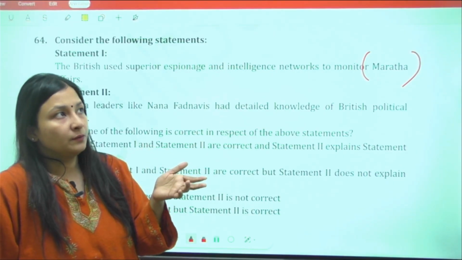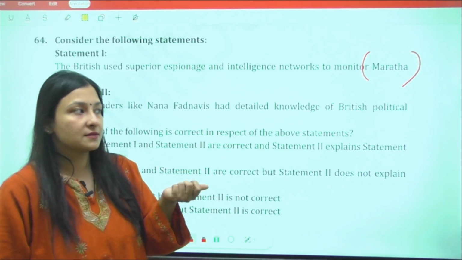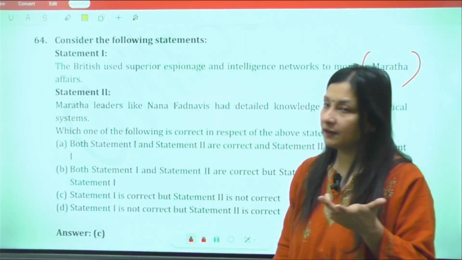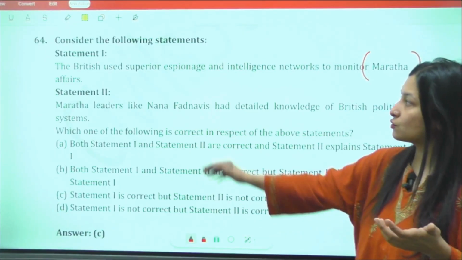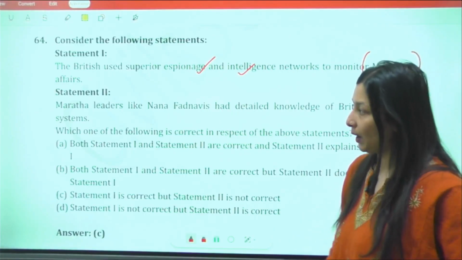Marathas were claiming from the Mughals the Chauth and Sardeshmukhi, right? So they were a fighting clan. So definitely it needed a very superior espionage and intelligence network to fight them back.